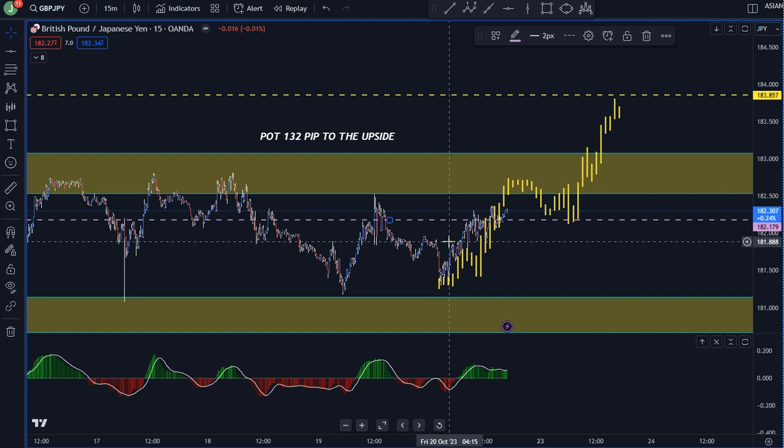So you want to use the principle of structure and the next area of support and resistance when you are identifying your risk. So if you're doing a 2-to-1, then you're going to risk one time, you're going to gain 2 times more than what you're risking.